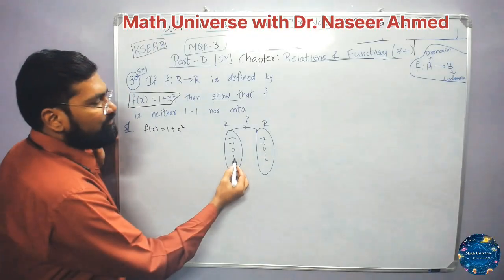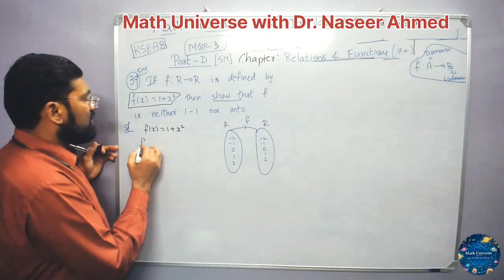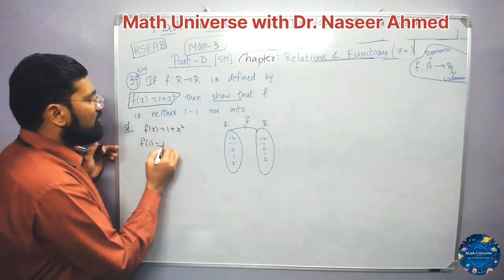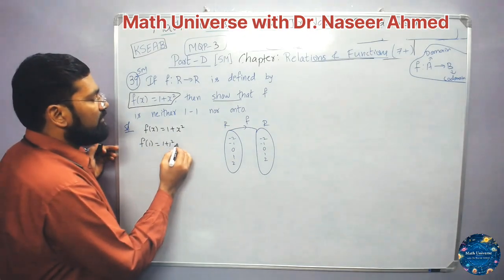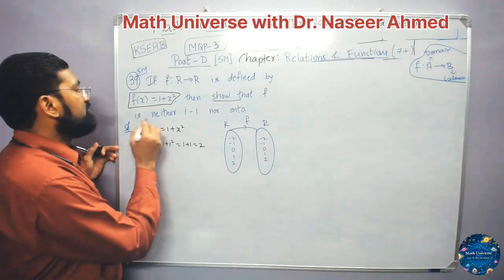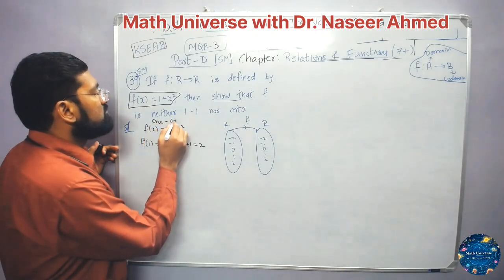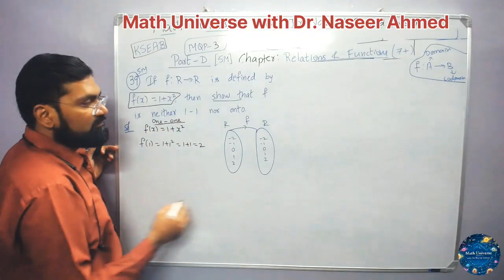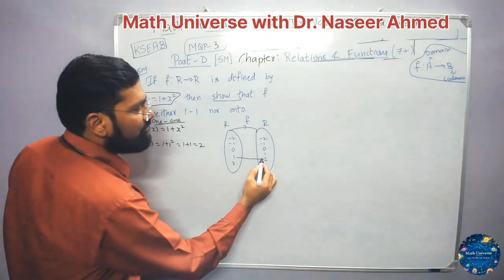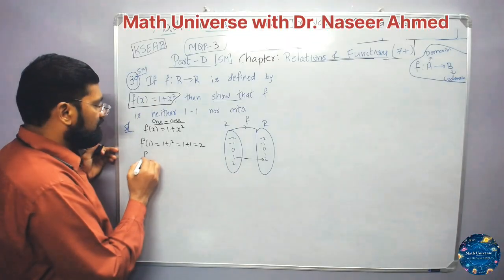Now you see carefully. If I put x is equal to 1, what is f of 1? 1 plus 1 square will be 1 plus 1, nothing but 2. We are actually checking presently for 1-1. Now 1 is mapping to 2, fine. Take negative 1, nothing but f of minus 1.